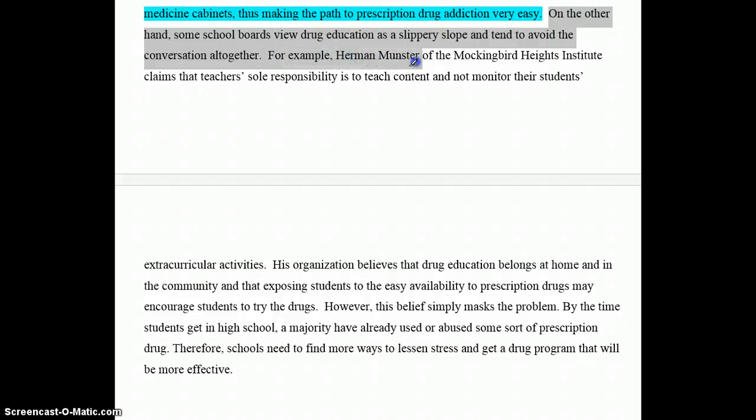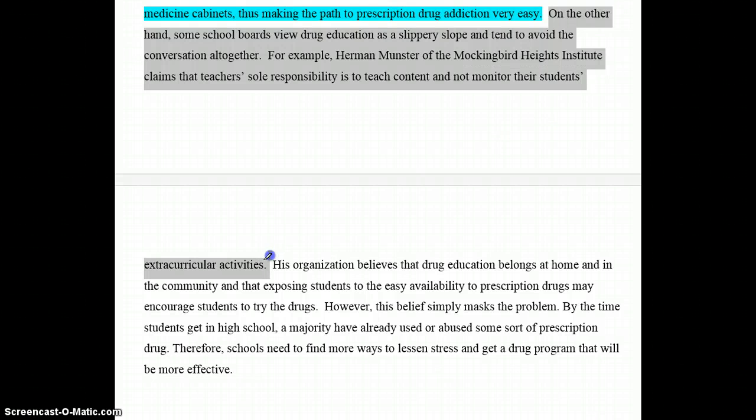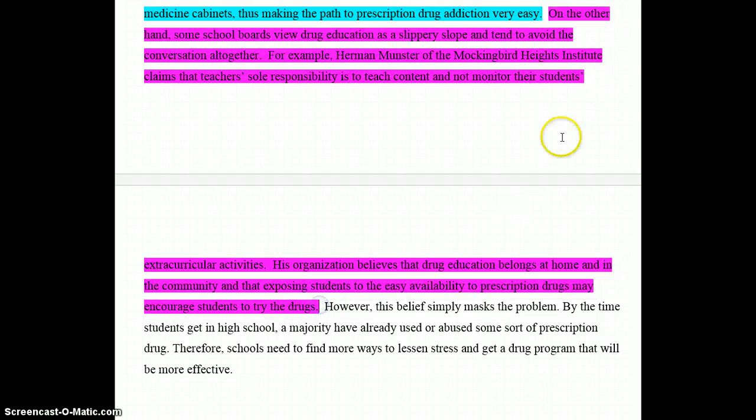For example, Herman Munster of the Mockingbird Heights Institute claims that the teacher's sole responsibility is to teach content and not monitor their students' extracurricular activities. His organization believes that drug education belongs at home and in the community, and that exposing students to the easy availability to prescription drugs may encourage the students to try the drugs.